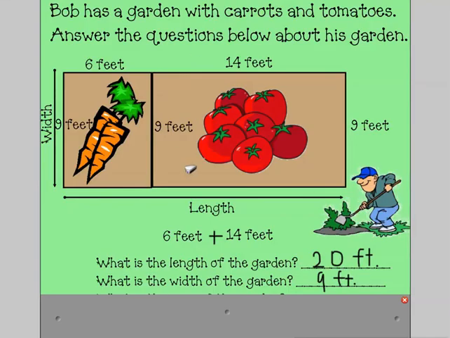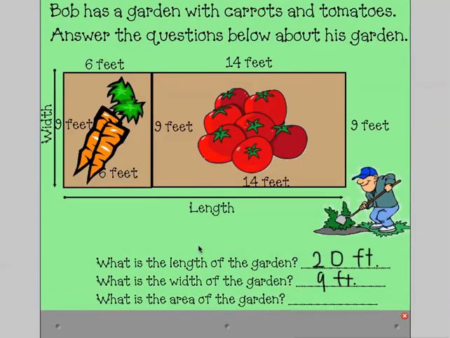Okay, we're going to answer just a couple more questions and then we'll be done. I'm going to put this back where it goes. Okay, so next we want to know what is the area of the entire garden, the whole surface inside, the carrots and the tomatoes together. So again, I'm going to use my formula. Area equals length times width, and I'm going to substitute in what I know.